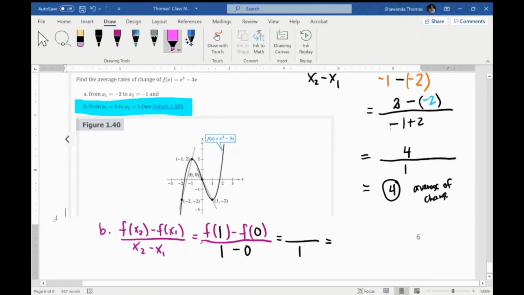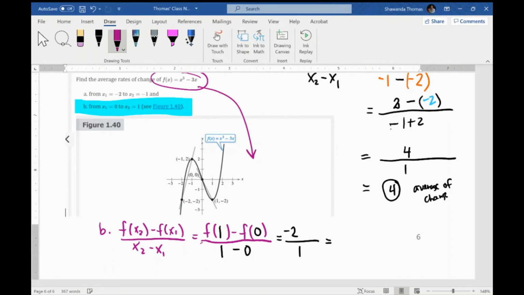So the answer is -2. Let me work that out. Again, this is our function. F of 1 equals 1 cubed minus 3 times 1. So that's 1 minus 3, which is -2.